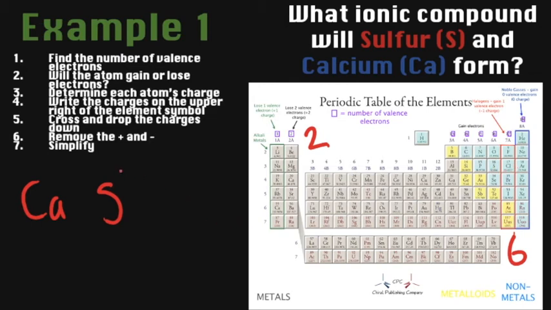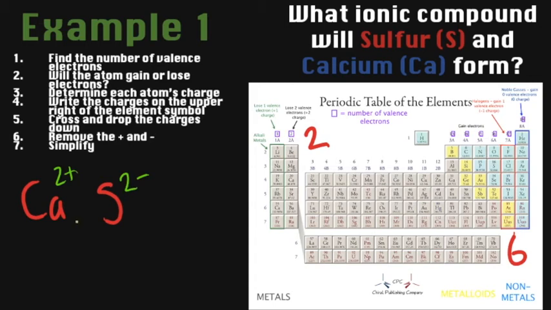Well, in this case, it would have a -2 charge. What about calcium? Calcium is over here in group 2. It is easier for calcium to lose 2 valence electrons, so therefore it would take on a +2 charge.